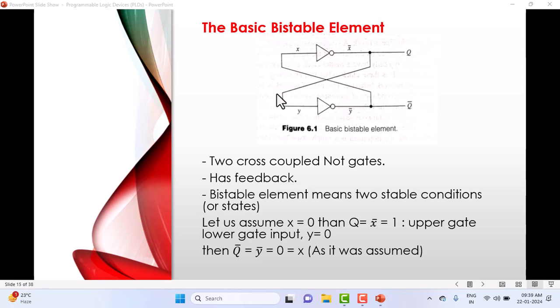Basically, data is stored in the cross-coupling, where the output of one path is the input for the other one. This is a very important step in sequential circuits.